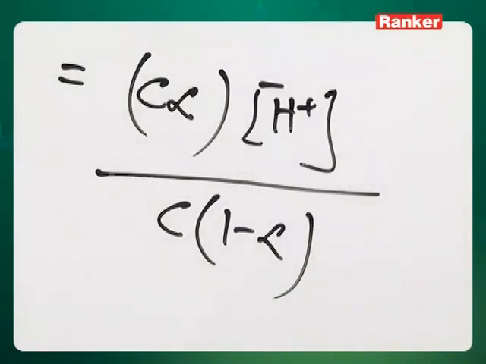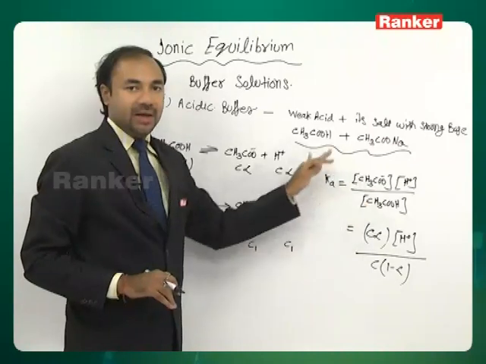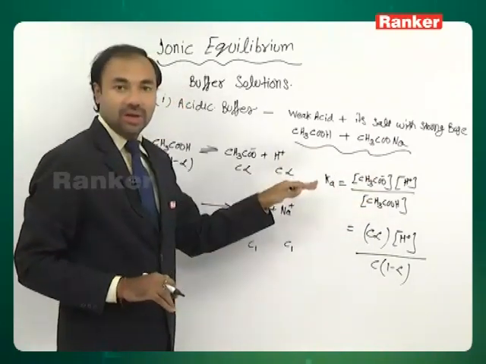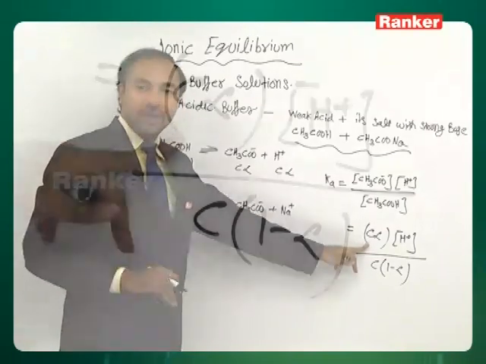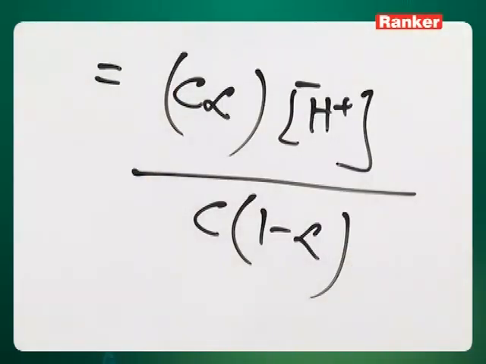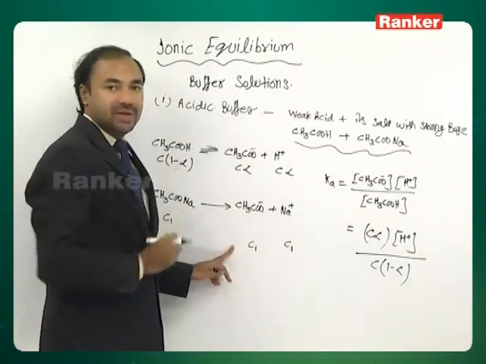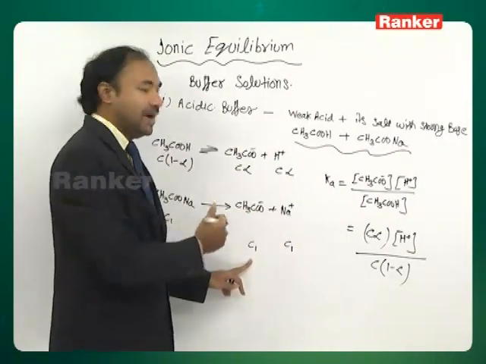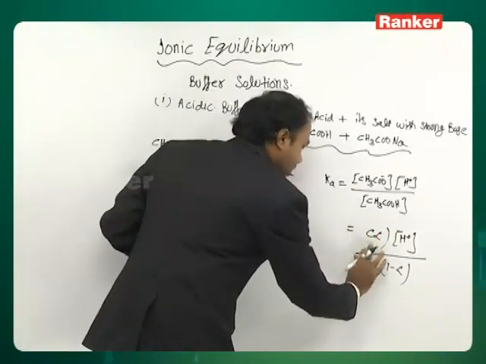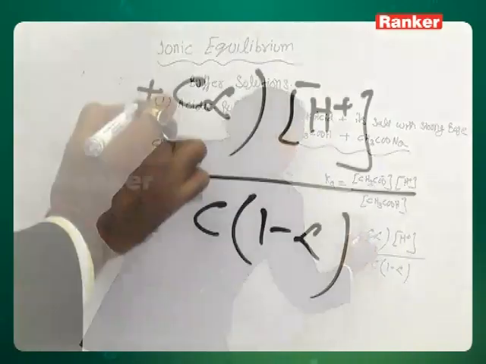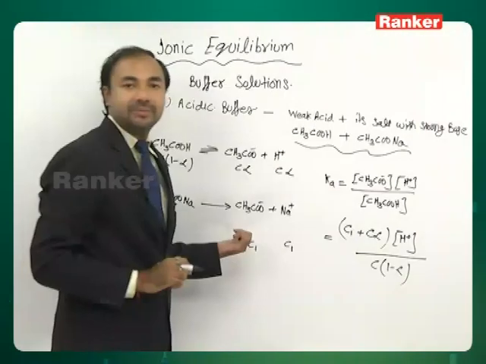Now again see same thing. In this case, concentration of acetate ion again will be total concentration present in the solution, which will be C alpha coming from acetic acid, which we already wrote. But one more concentration of acetate ion comes by dissociation of sodium acetate, which is C1. So this will have to be added here. So the total concentration of acetate ion in this solution will become C alpha plus C1, like this.